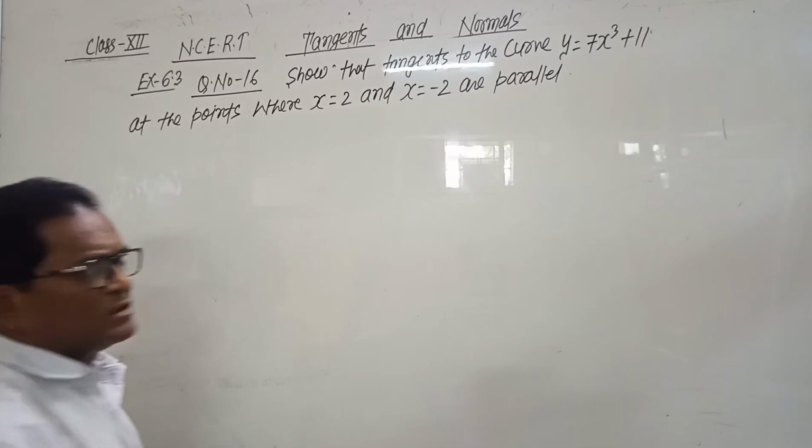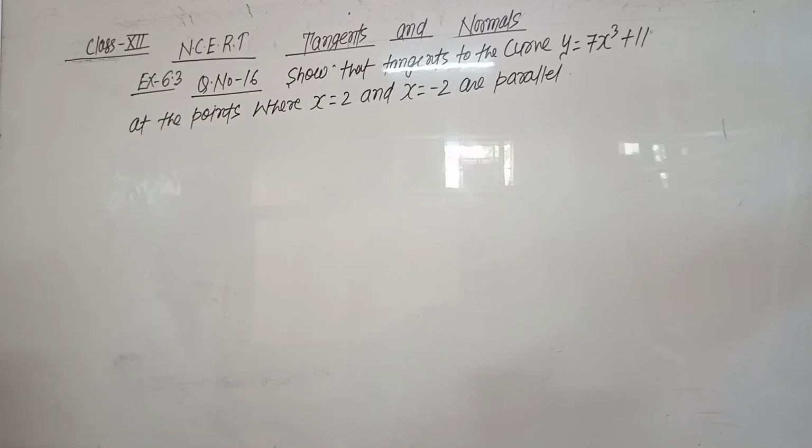We have to show that the tangents to the curve are parallel at the points x equals 2 and x equals minus 2.